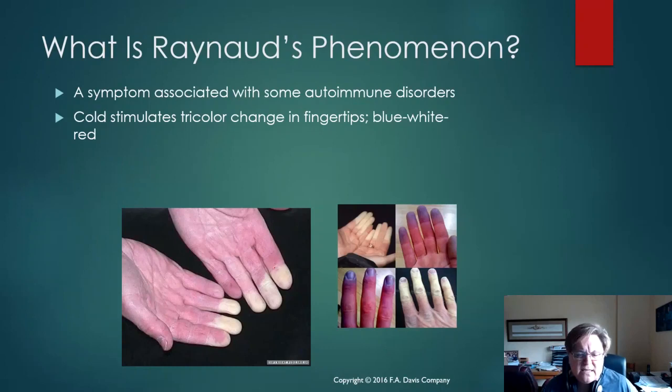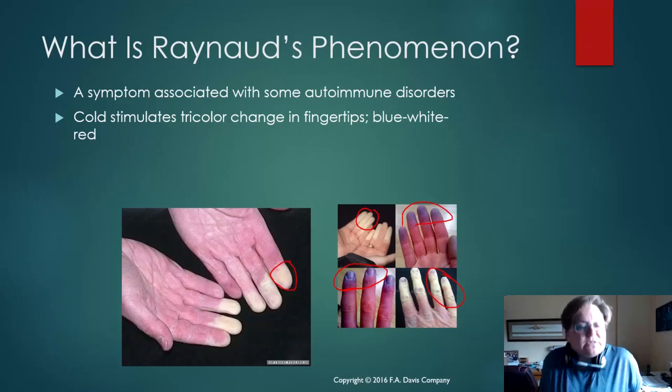So where you see this person's fingers like this, there's little to no blood in their fingers, here and here. And then when those blood vessels dilate again, the blood's going to rush back in, and you're going to see that they turn dark red, look warm. They can even turn purple like this.